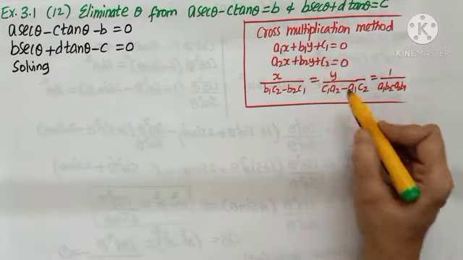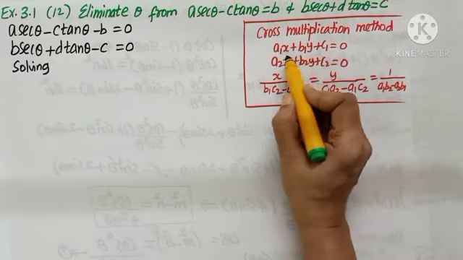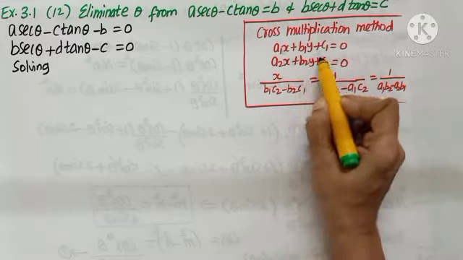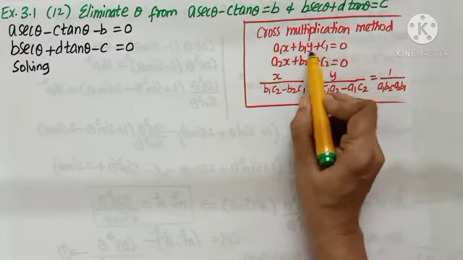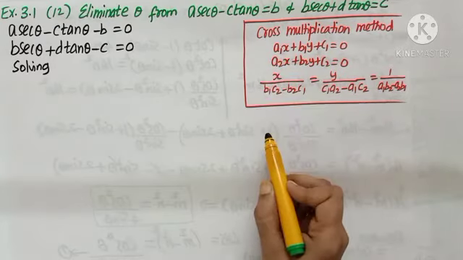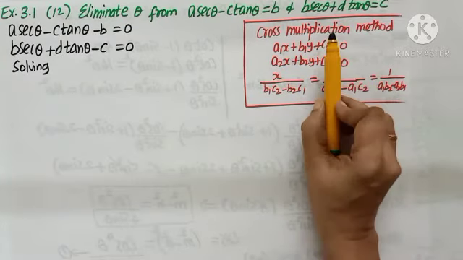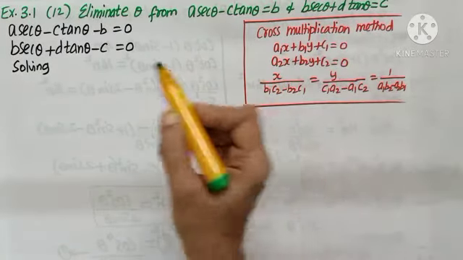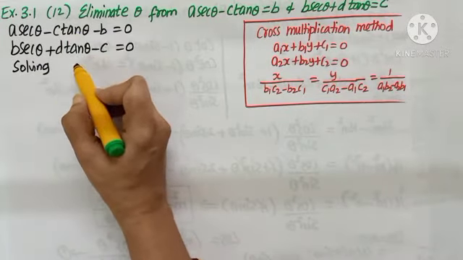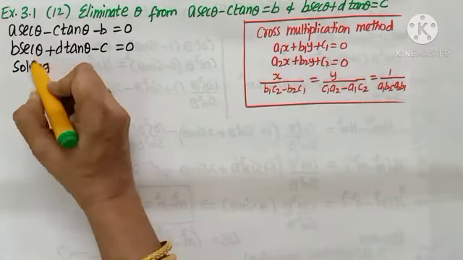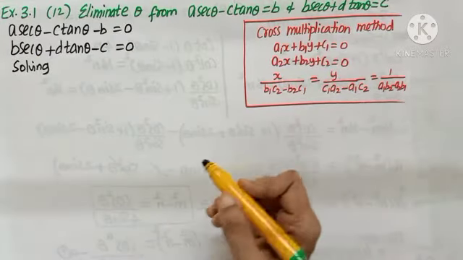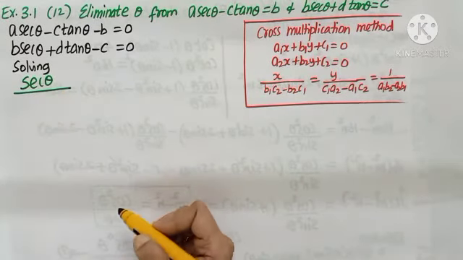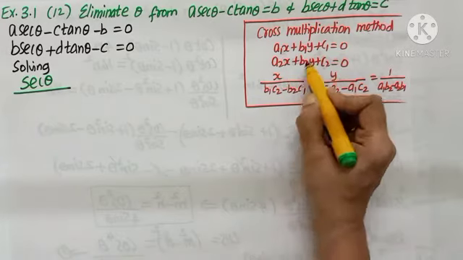We use this formula when two equations are given with variables x and y: x by b1c2 minus b2c1, y by c1a2 minus a1c2, 1 by, hide the last column, a1b2 minus a2b1. So we are going to use it here. Two equations, instead of x and y, I have secant and tan theta. How will I write it? Here I have secant theta divided by b1c2 minus b2c1.